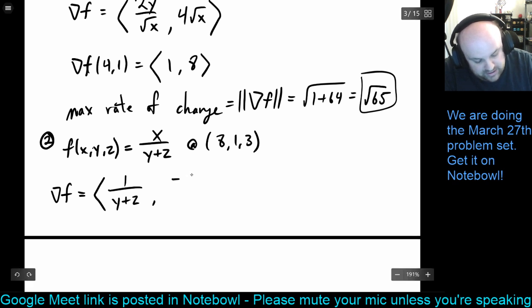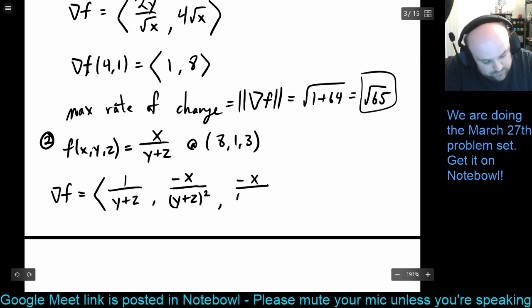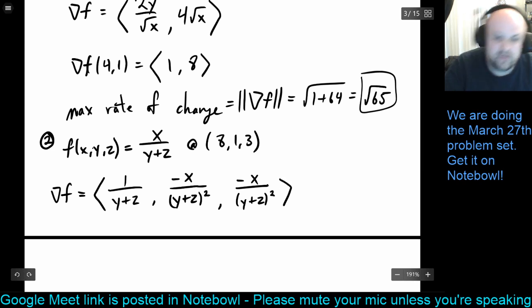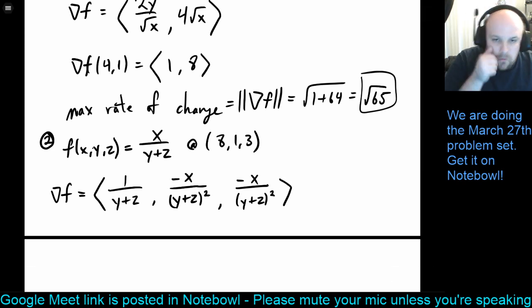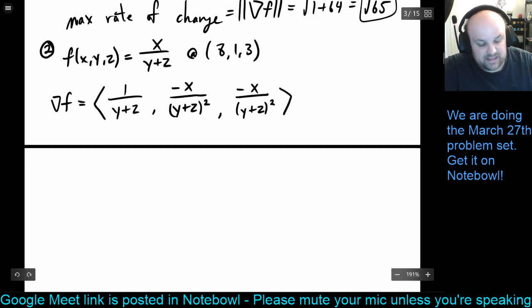Here we'll get negative x over (y plus z) squared. And interestingly enough, the third component should be exactly the same. Right? Okay. So that's our gradient there.